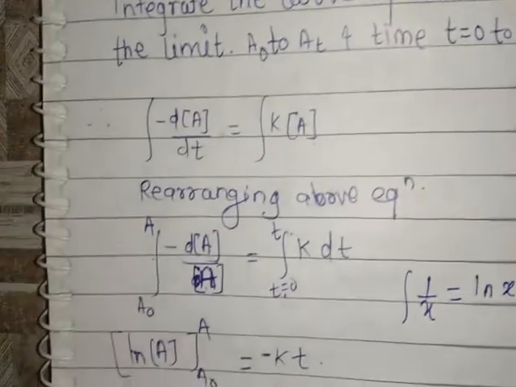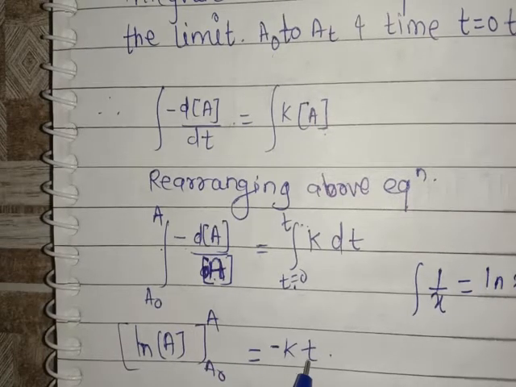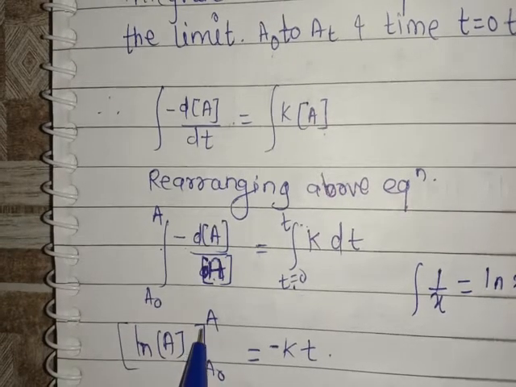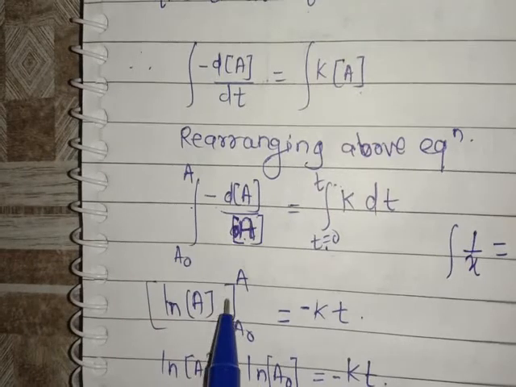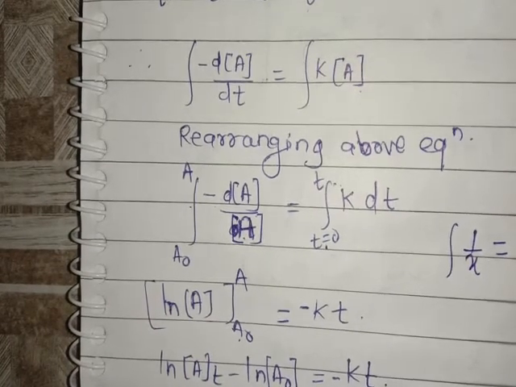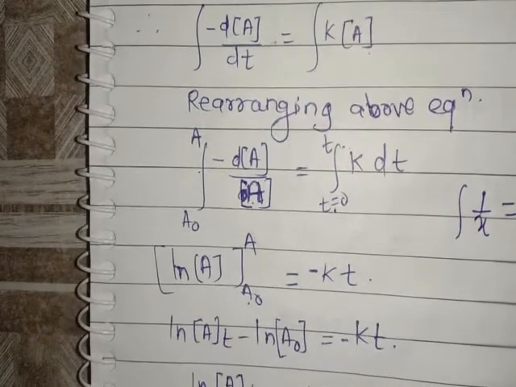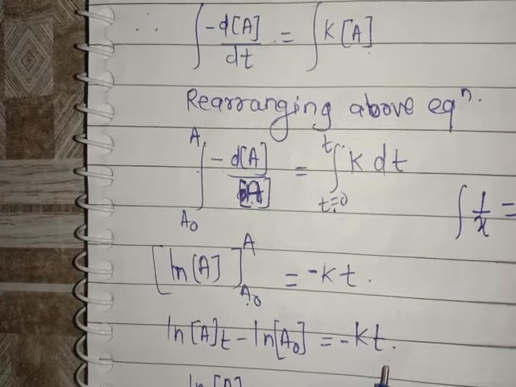we get ln of concentration of A is equal to k into t, with the limits a0 and A. Now upper limit minus lower limit, so we get ln of At minus ln of a0 is equal to minus k into t.